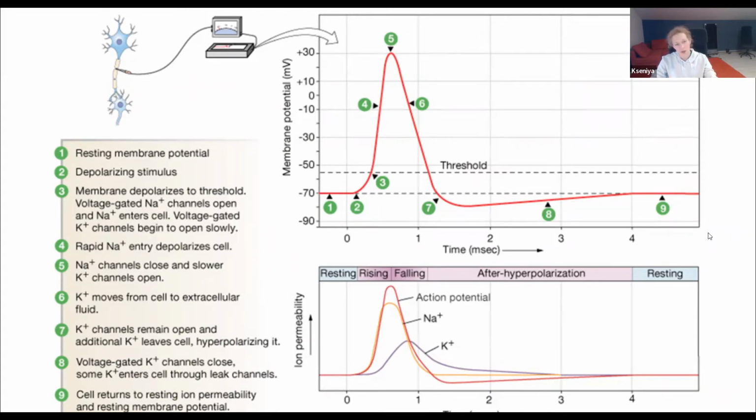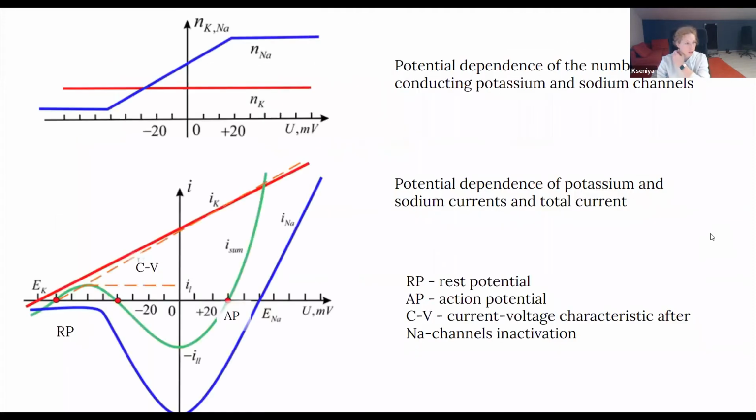If you know physics a little bit, maybe these graphs can be useful for you. So let's look at the graphs to understand the physical essence of this process. The first graph shows the dependence of the number of ion channels of sodium and potassium on the potential.